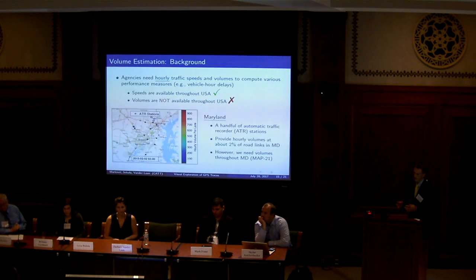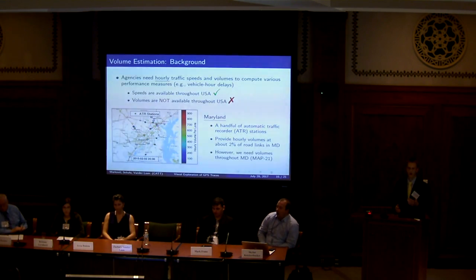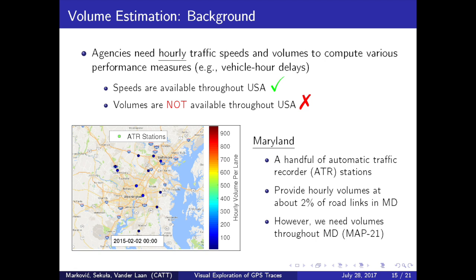And actually, the application of this idea that I want to touch on before wrapping up is using these GPS counts to try to estimate traffic volumes throughout the state. So the main impetus for this is the fact that transportation agencies would really like to know the traffic volumes at the hourly level throughout the entire state road network, but currently only have volumes at about 2% of them.